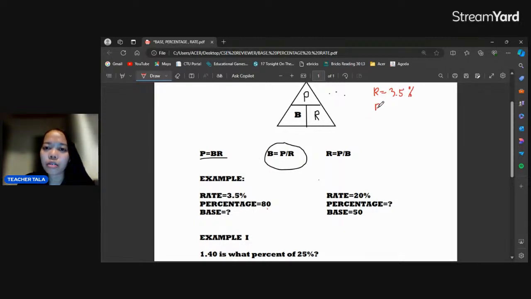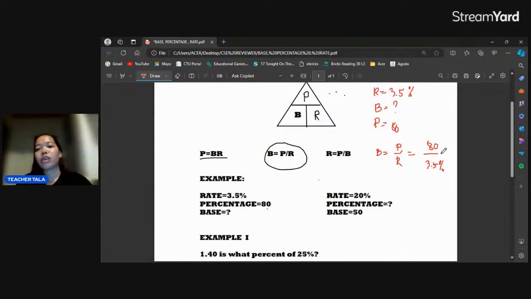B is equal to question mark, P is 80. Now, the formula will be B is equal to P over R. Now, i-substitute lang natin yan. So, that will be 80 over 3.5%.